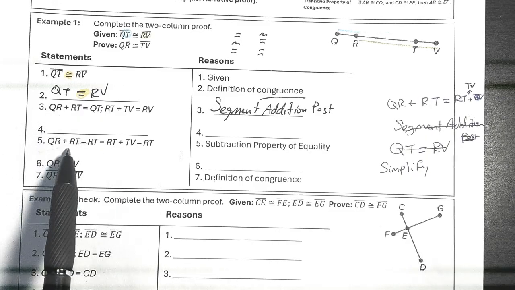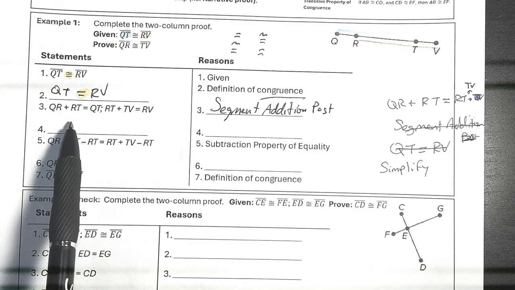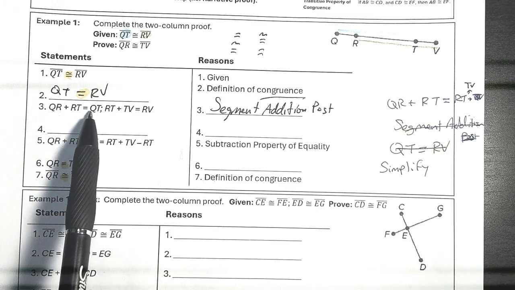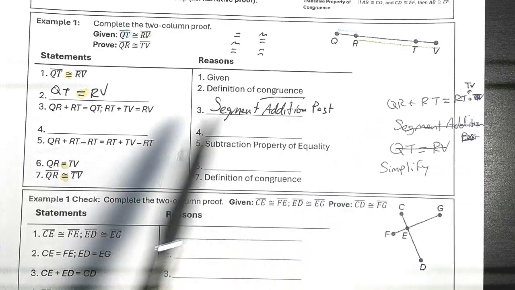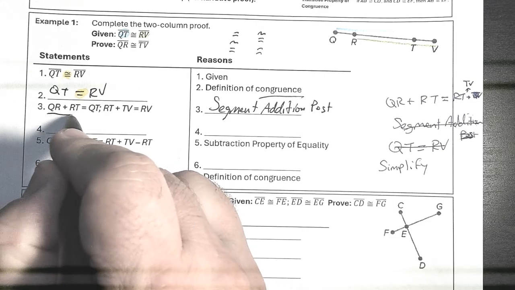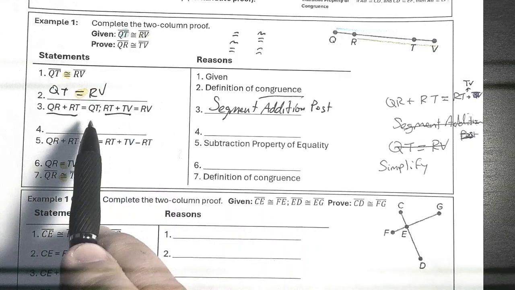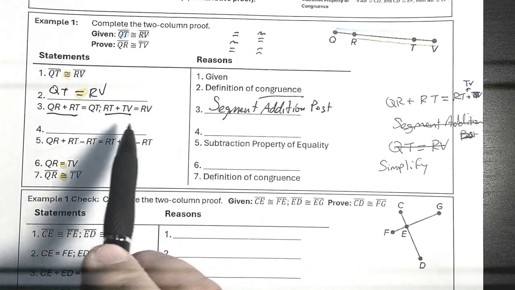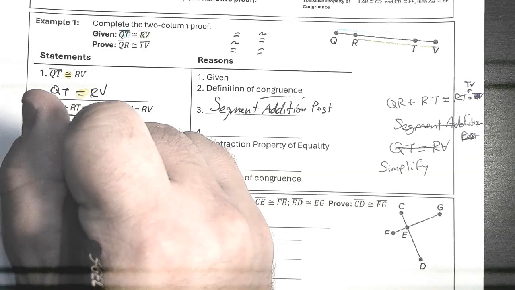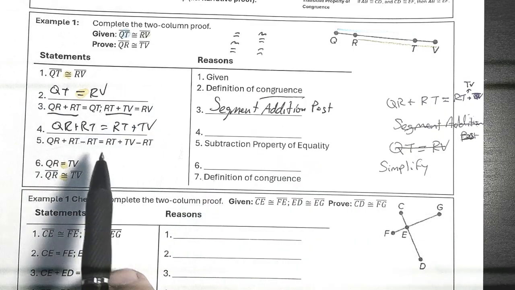So between here and here, it looks like they combine these because QT is one side, it's equal to RV on the other side. You just take the little parentheses out. And if you look over here, QR plus RT equals this. You're basically cutting out QT and RV because you're replacing them. So yeah, QR plus RT equals RT plus TV.